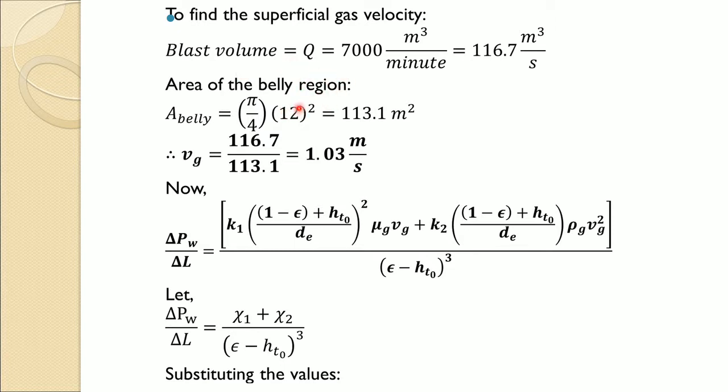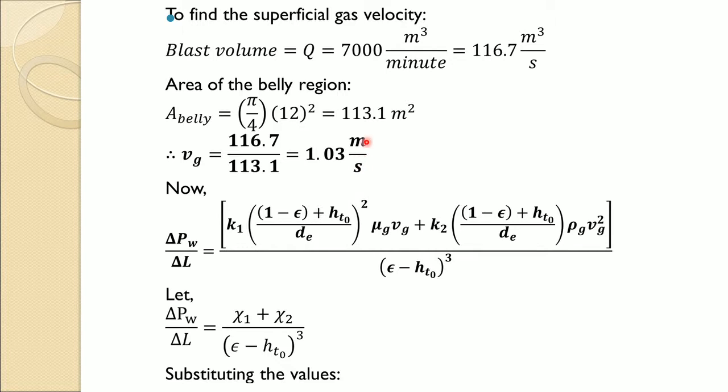So, using that we can get the area of the valley region, which comes around 113 meter square. If we divide the blast volume by this area, we get the superficial gas velocity, which comes around 1 meter per second.